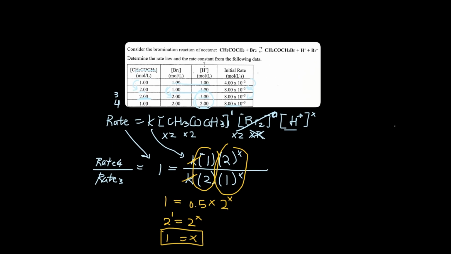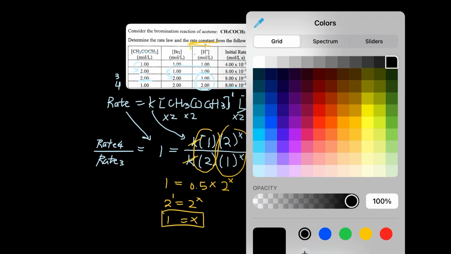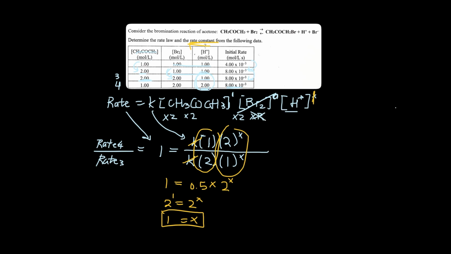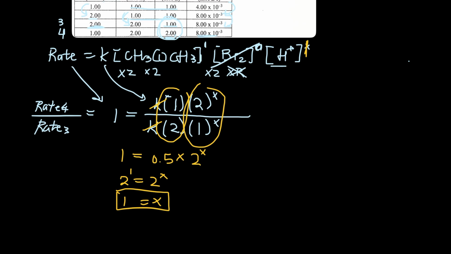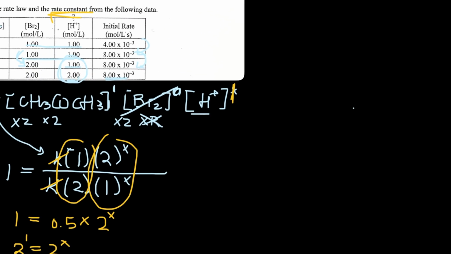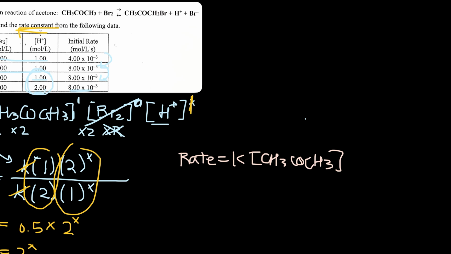And now we're going to find the rate constant, which is K. So with our new rate law, power of 1, you can just omit the 1.